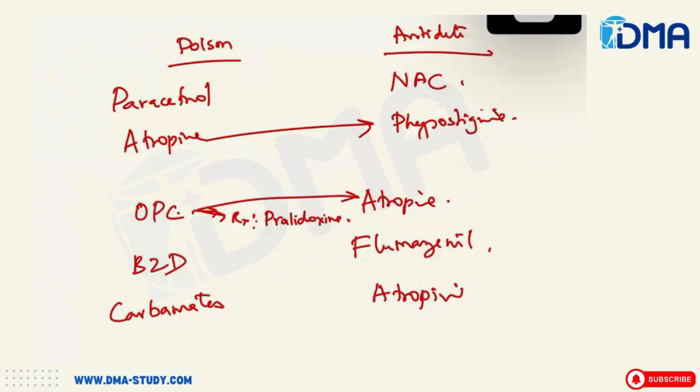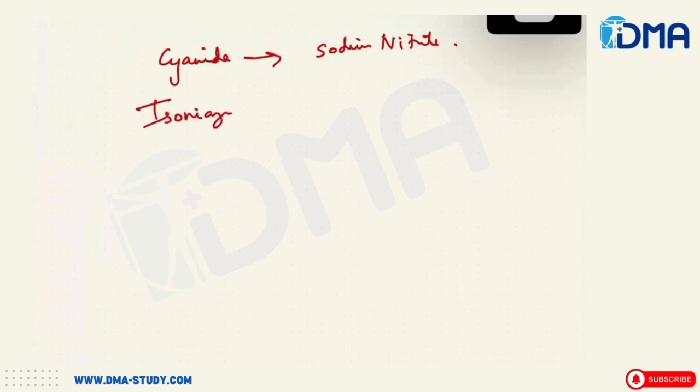Then what else? Cyanide poisoning, antidote is sodium nitrite. Then antidote for isoniazid is pyridoxine.